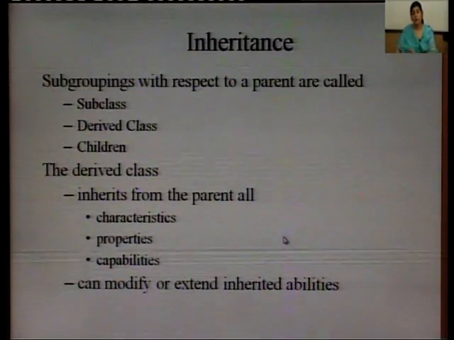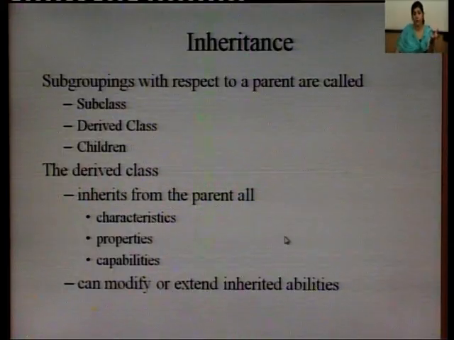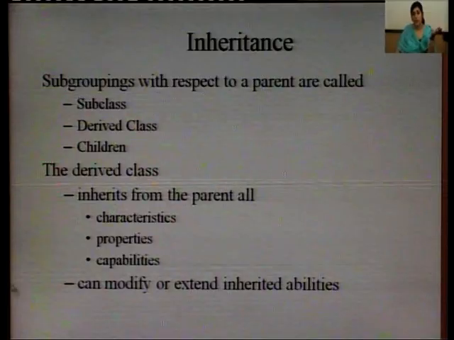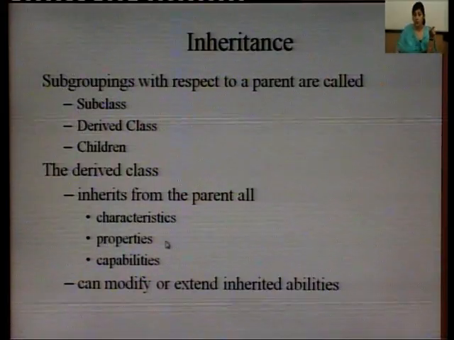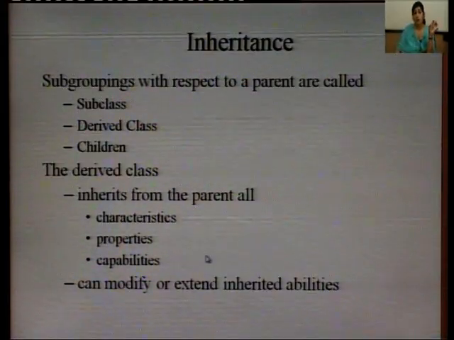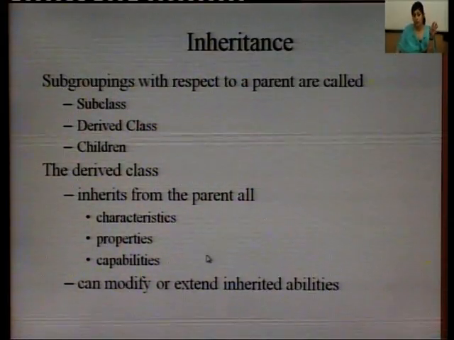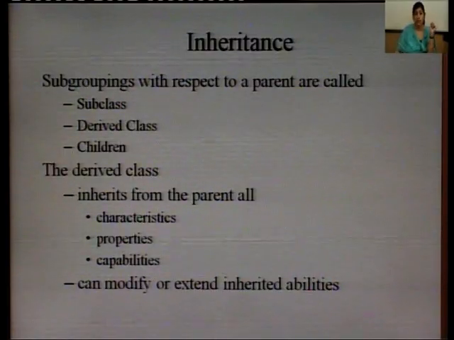Like in your family, a child adopts the properties or characteristics, we can say, of father or mother. Similarly, if we are declaring any class as a derived class or children from the parent class, it will inherit the characteristics and the properties and the capability of all the existing classes, that is parent class, and can also modify or extend inherited abilities.